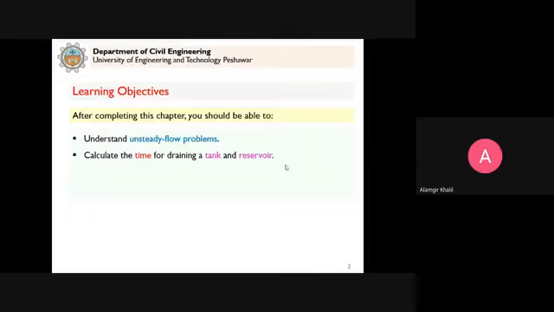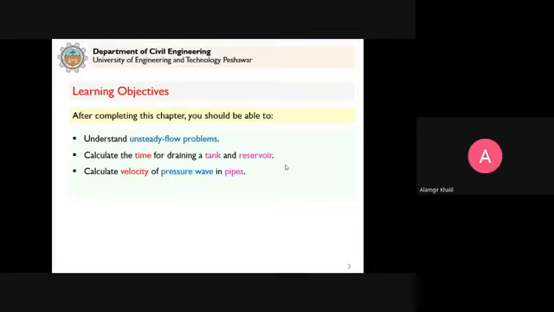For example, we have a tank and we want to drain it by an orifice, or a reservoir we want to drain by a spillway. How much time will it take for the water level to change from one level to another, or to completely empty the tank? This we are going to learn in this chapter.